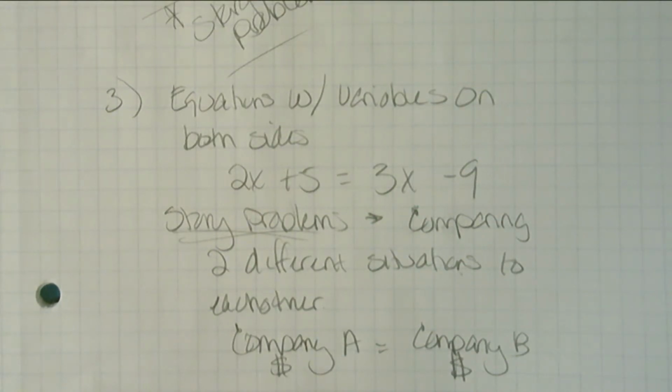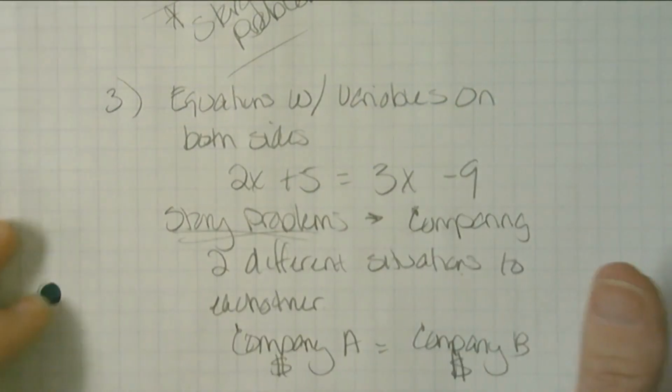But the structure of all of them is exactly the same. So as you practice inequality story problems, you are practicing equation story problems too. The only difference is recognizing when it's an "is," an equal sign, or a "no more than" or "less than," which is going to be an inequality sign.